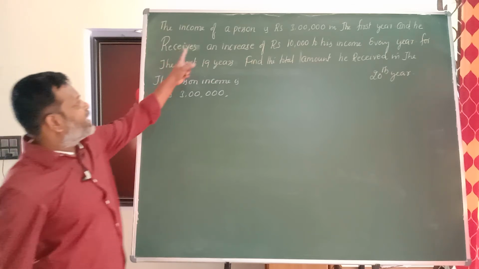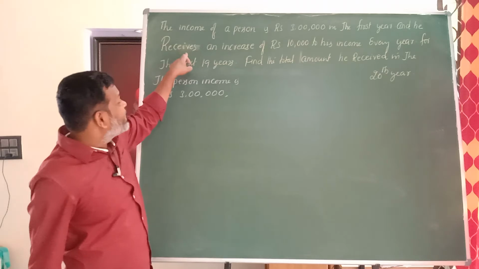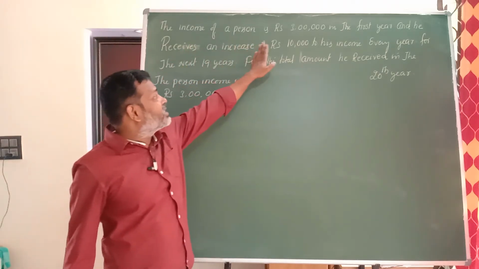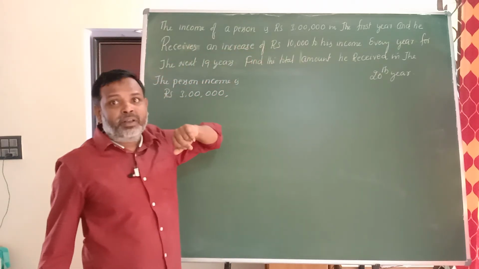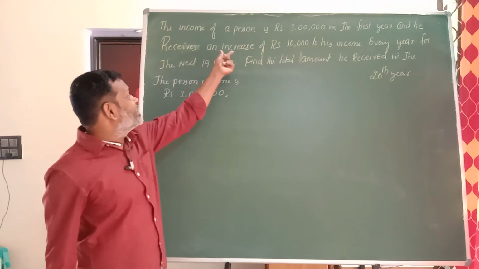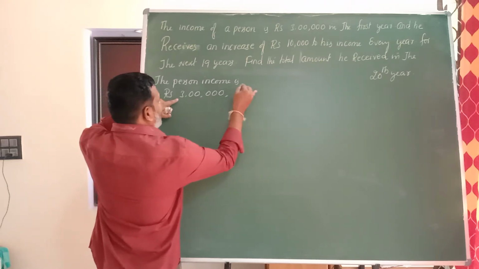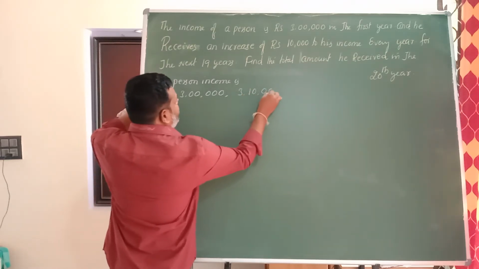The income of a person is Rs 3 lakh in the first year, and he receives an increase of Rs 10,000 to his income. What happens in the next year? 3 lakh 10,000.